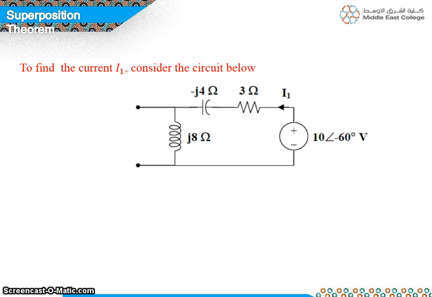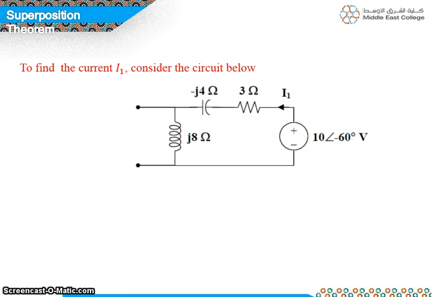Looking into the circuit, we need to find this current I1 and we have a voltage source. The current I1 will be the total current of the circuit if we look at that circuit alone. It's a single loop circuit. So what can we do to find this current I1?